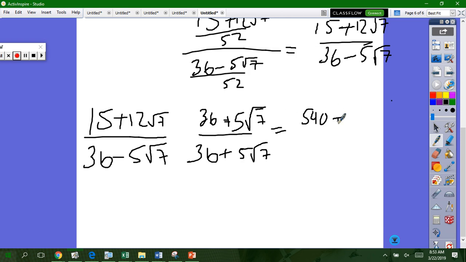Is that what you said? 75 plus 432 is 507 root 7s. And then 12 times 5 is 60, times 7 is 420, all over. On your test, it's not going to be this nasty. 36 times 36. I don't know my 36 times tables. 1296.